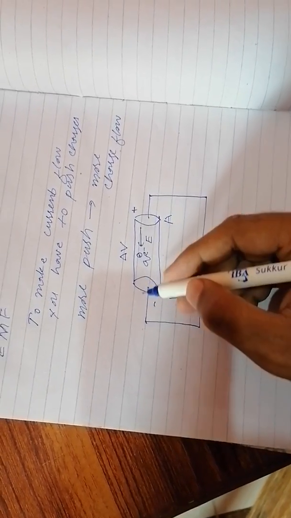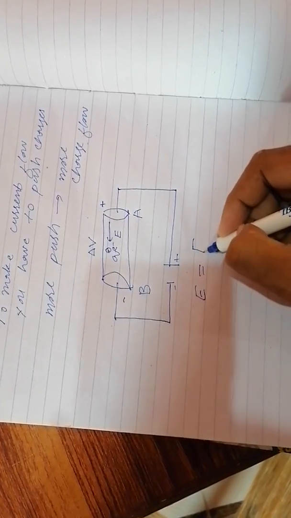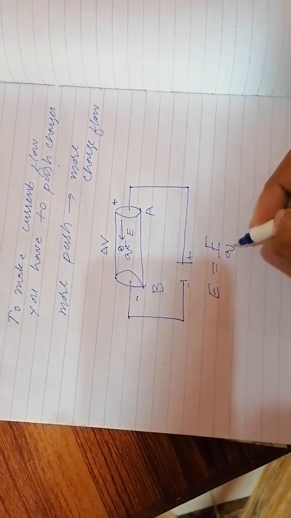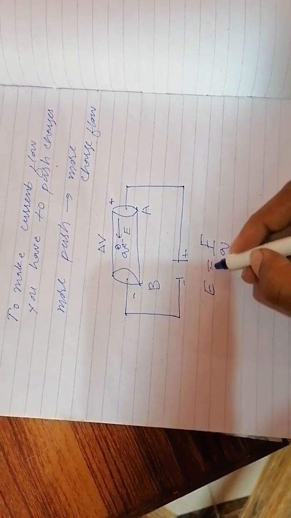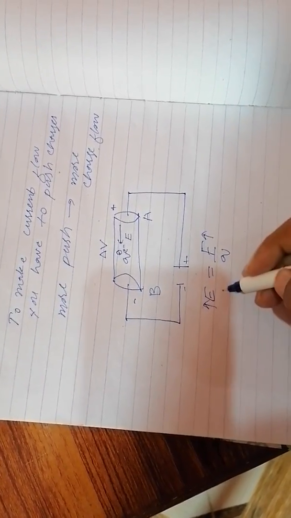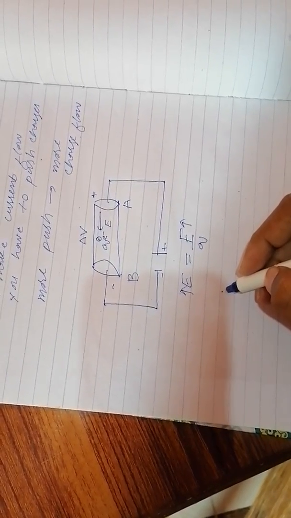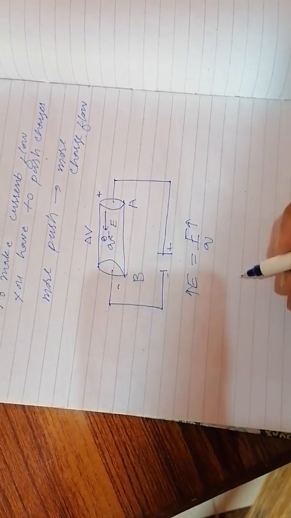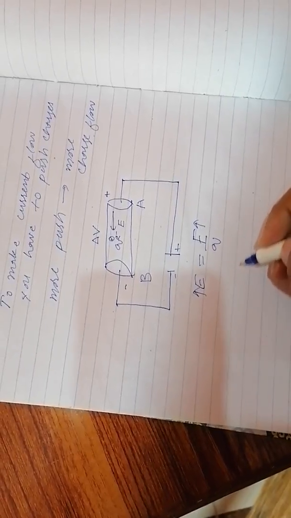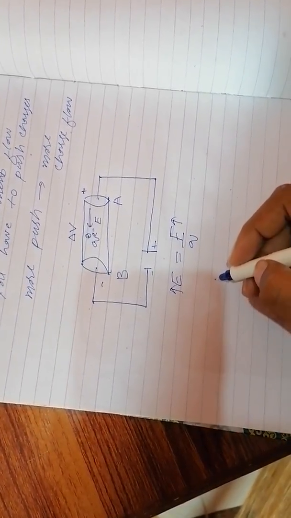So charges start moving because electric field is force per unit charge. As you increase electric field, you increase force. So you apply force on the charges. So charges start moving across the conductor because they feel force due to electric field.